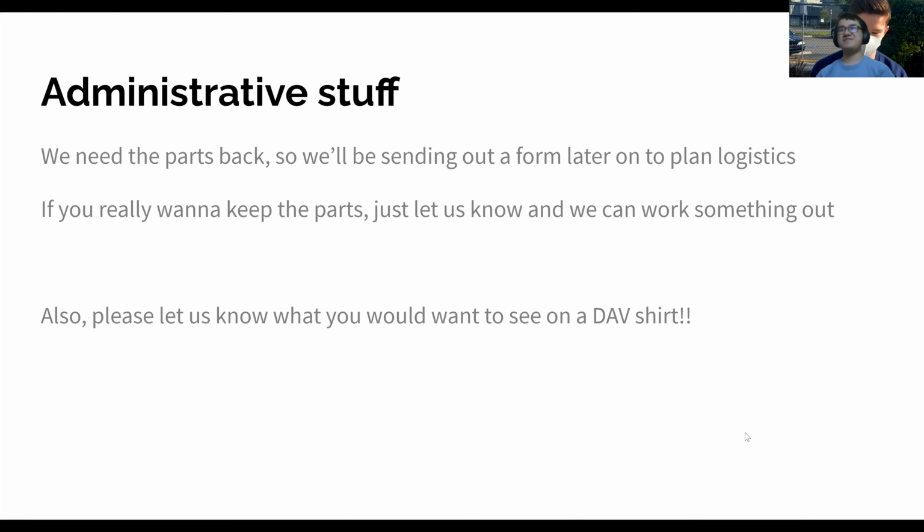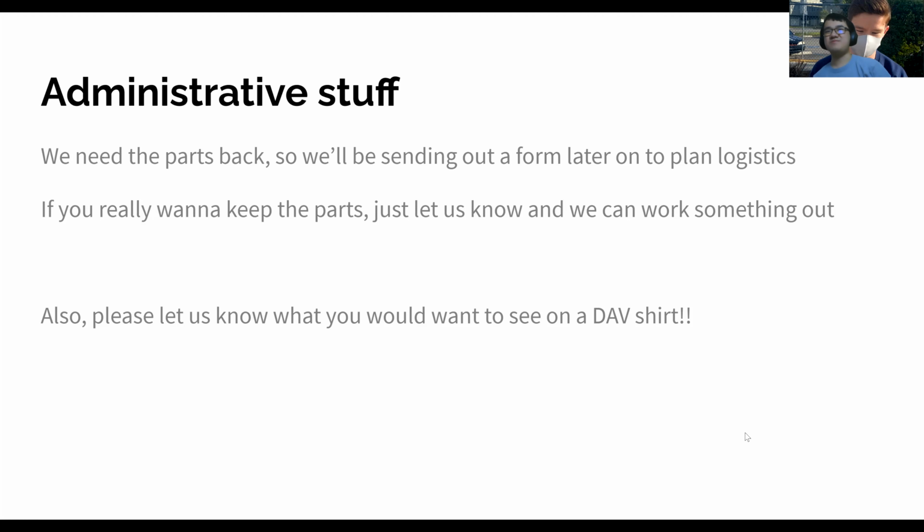Some administrative stuff. We are going to be reusing the parts that we gave you for DAV next year. So if you don't plan on reaching our highest tier reward to be able to sleep with your FPGA, as David so eloquently put, we will be sending out a form later to plan logistics on how to retrieve your parts back.